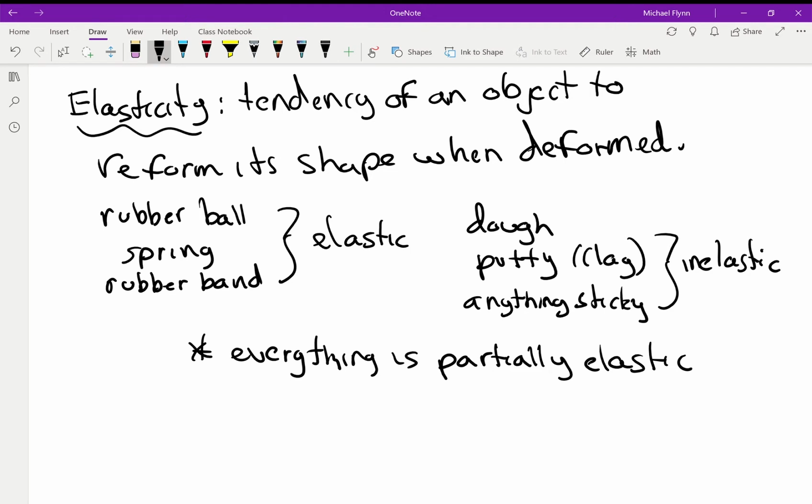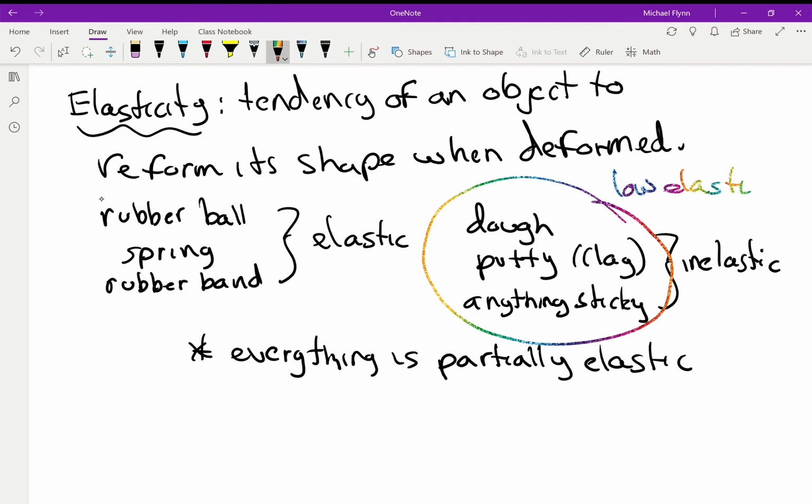It's just that these items here have a very low elasticity, if that makes sense to you, and these items here, so this is low elasticity, not zero. After all, a ball of dough does reform its shape a little, okay? When you're trying to roll it out, it sort of rolls back in on you a little. And here, these have a high elasticity.